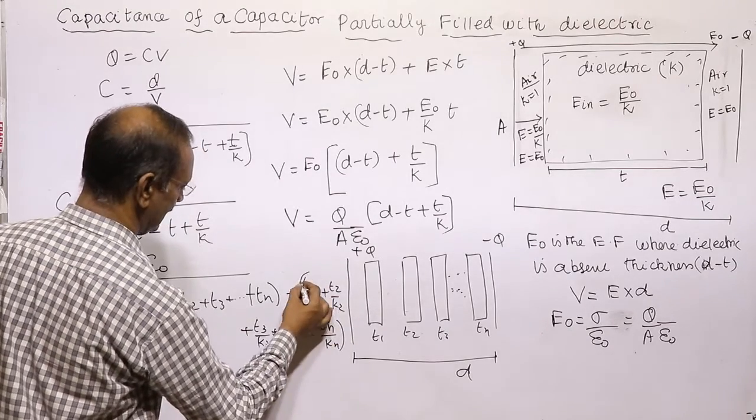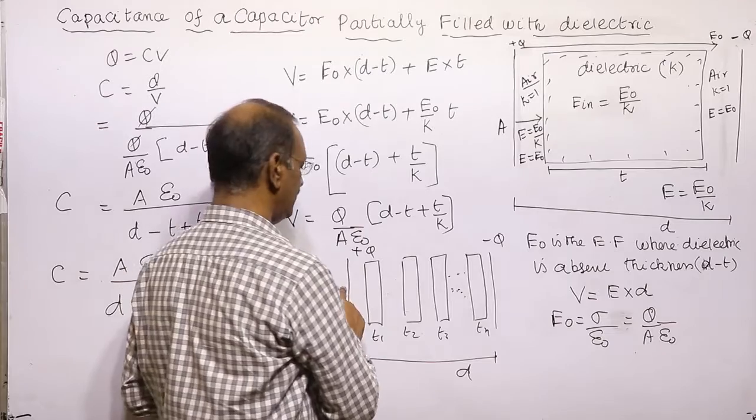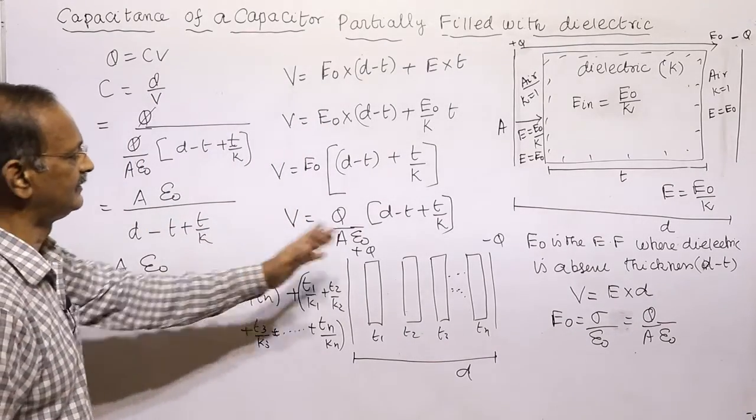If there are n dielectrics between the plates, this is the equation for the capacitance of this arrangement.